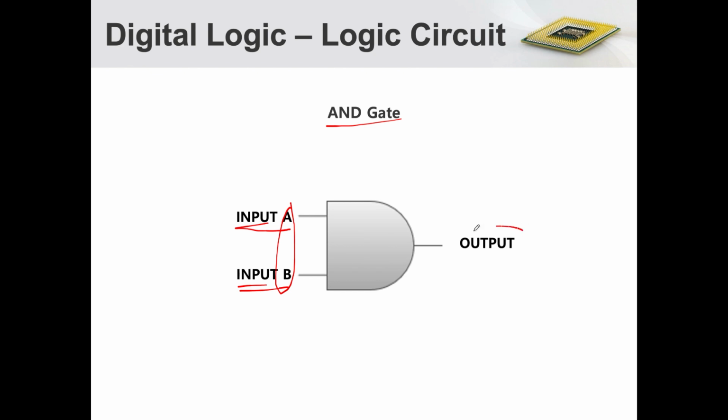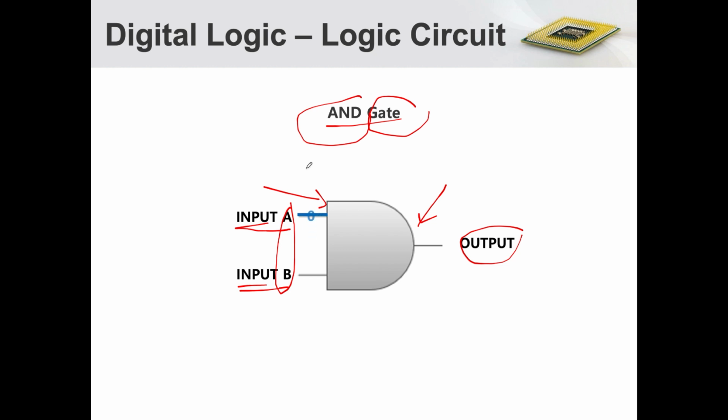And over here you have the output. So you must have input and output for any type of gate, depending on how the gates look. For the AND, you have two inputs over here.